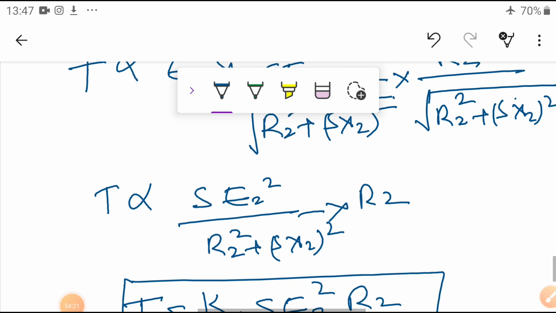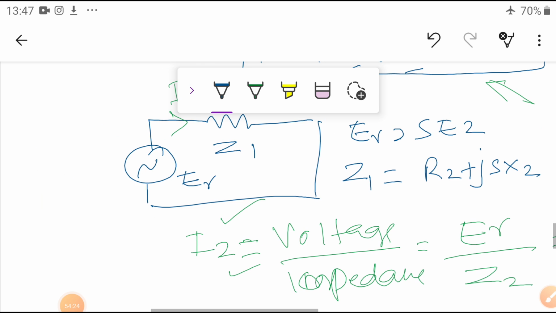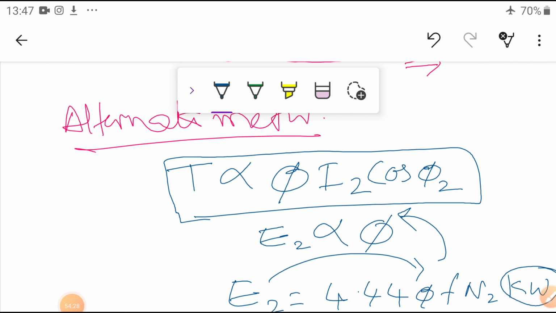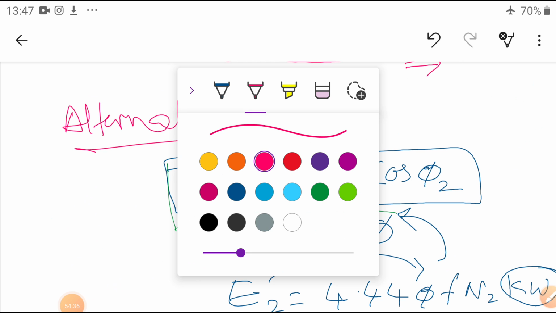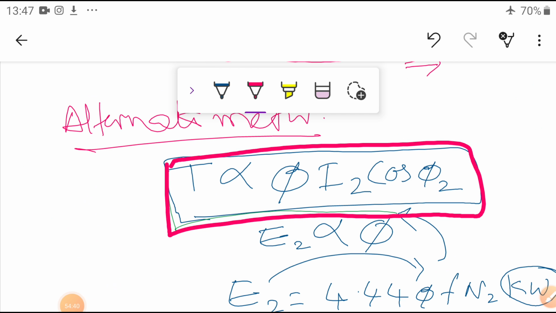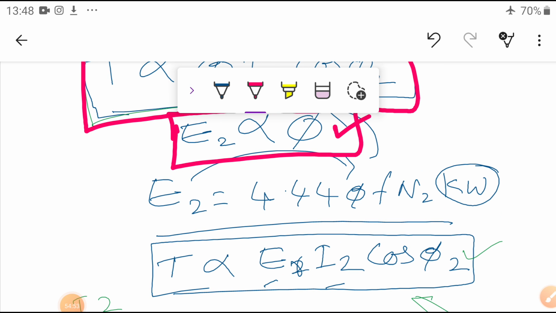So this is the alternate method. In the alternate method, dear students, from the basic torque equation, we know the torque depends on I2 cos phi 2. The EMF induced in the rotor is directly related to the flux, so we can write it because we know the relation.